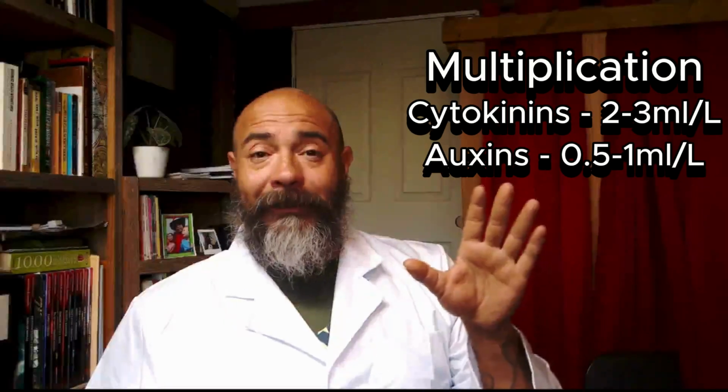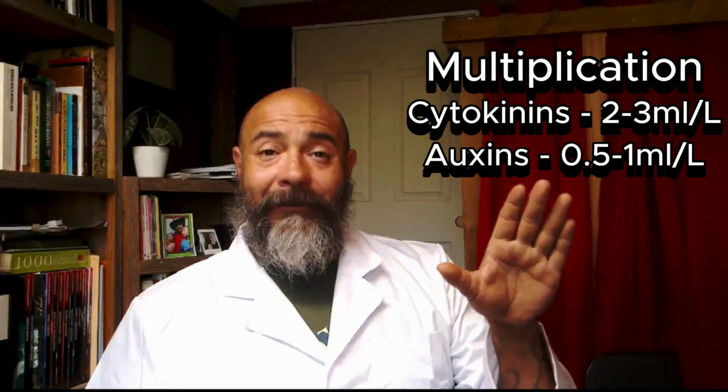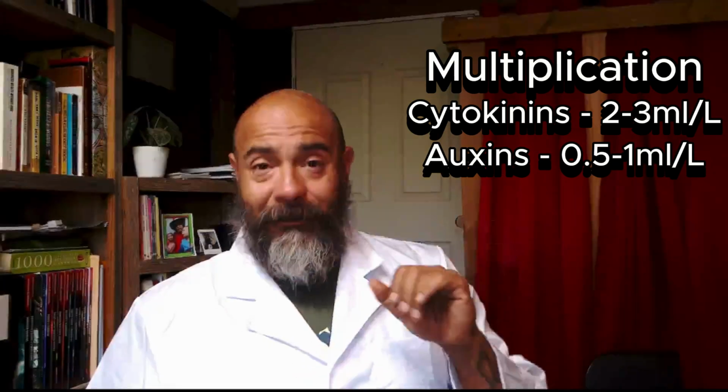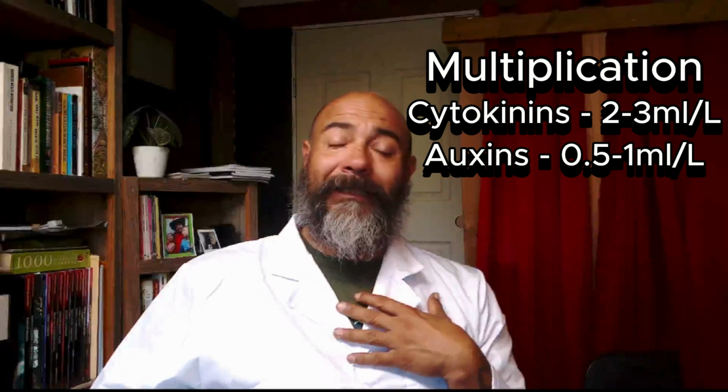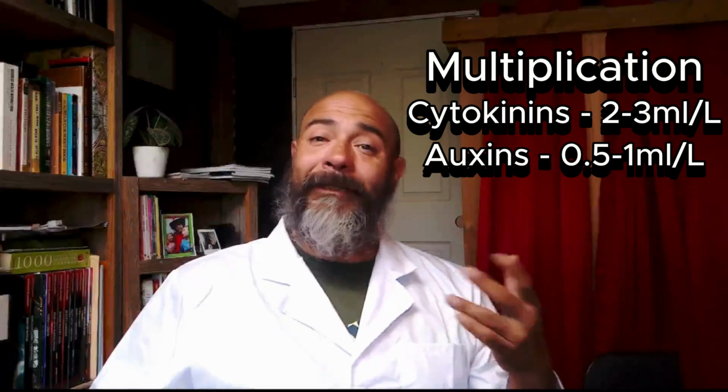For today's video, for Module 6, I wanted you to understand the basics of what PGRs are, what they do, and how to use them. So a basic recipe for multiplication is going to be 2 to 3 milliliters of cytokinin to half to 1 milliliter of your auxin. I personally like to use IBA for my auxin and 6-BAP for my cytokinin.